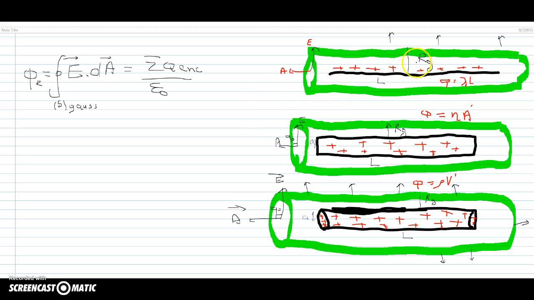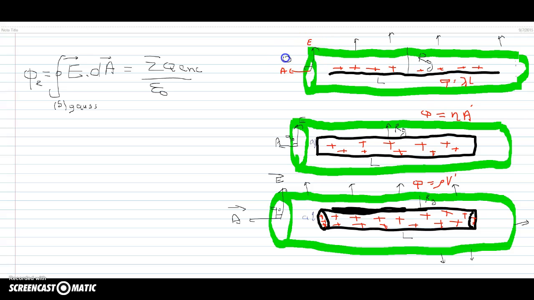So first, let's evaluate the field at distance Rg from an infinite charged line. Notice the field will always be normal to the structure, so I expect the field outward because the charge is positive. On the two bases, A is outward and E is perpendicular, so the dot product is 0.